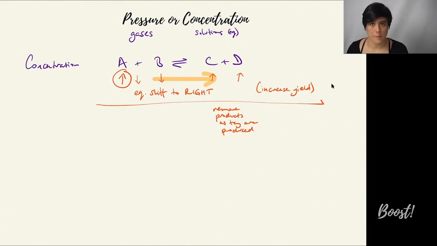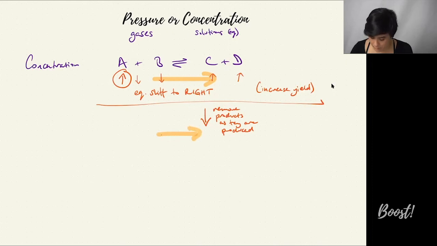So the Haber process is a good example. As the ammonia is produced in the reaction, it's actually removed from the reaction vessel. And this has the effect of shifting the equilibrium towards the right, and therefore making more products. So again, this is a situation in which we're decreasing the concentration of the products, and therefore equilibrium will shift towards the right-hand side again.